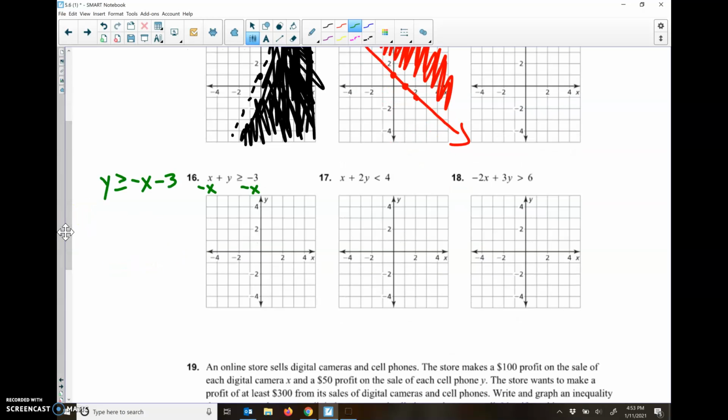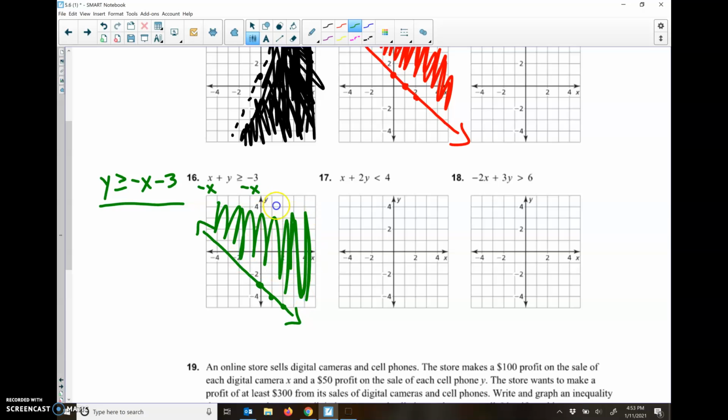So you might have a step or two just before you get the y by itself here, and then it's just a normal problem. So starting at -3, and then going down 1, right 1, down 1, right 1. And this is going to be a solid line because it's equal to. So y is greater than or equal to that. So I'm shading above the line there.